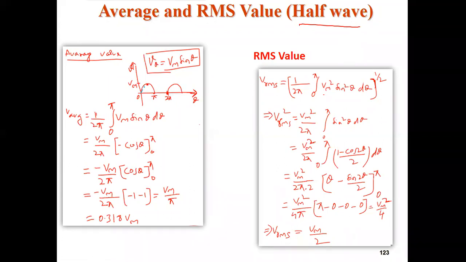Average means here the total period is from 0 to 2 pi. Okay, because after 2 pi it repeats. So that's why it is 1 by 2 pi. But where is the integration taken from and to? 0 to pi. Why? Because in the second half, pi to 2 pi, the signal is 0, so there is no need to integrate it. That's why it is integrated from 0 to pi.